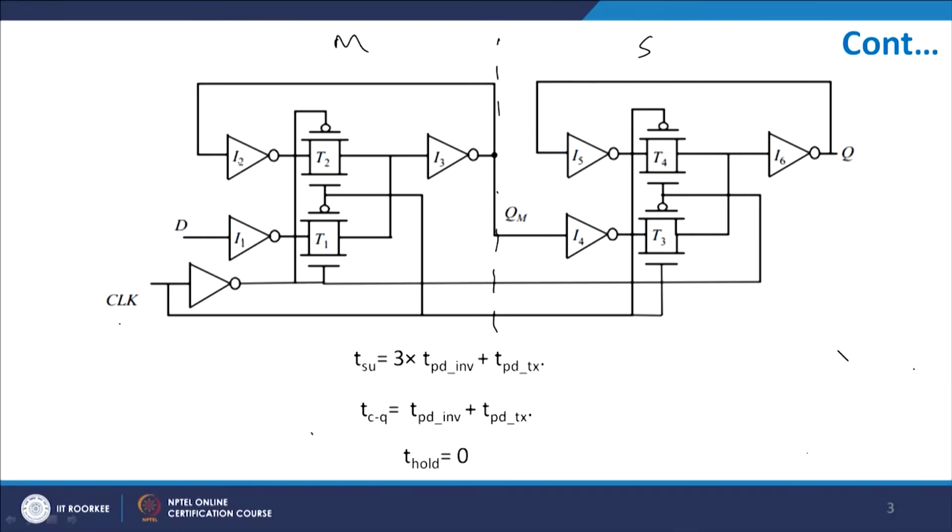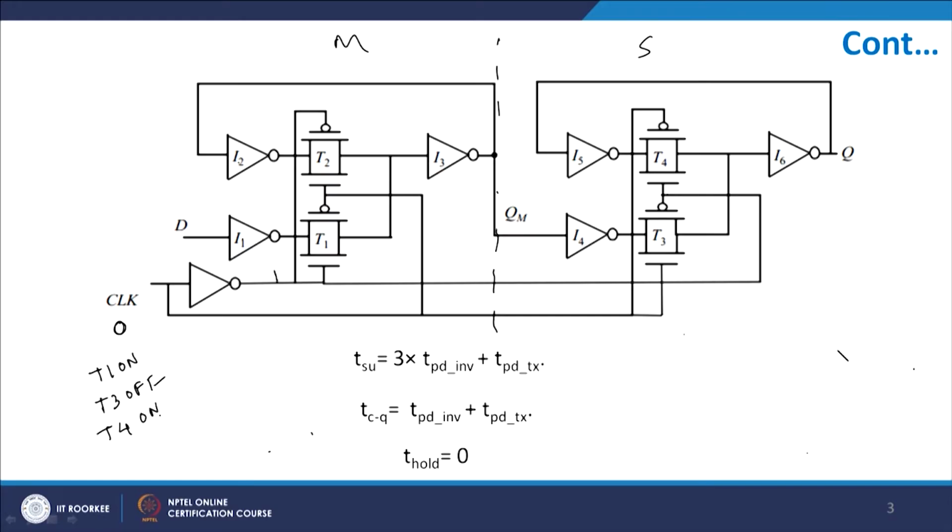Let us look at the fact when clock equals 0. When clock equals 0, this is 1, T1 is on. T3 is off, and your T4 is on. Why? Because this 1 will go here and it will be feeding here, and T4 will be on.